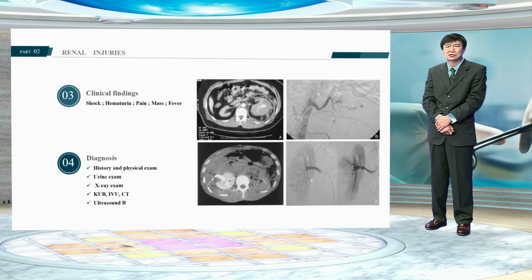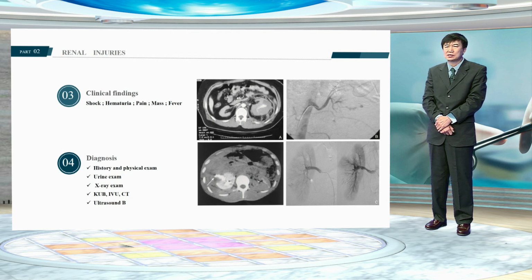Contrast extravasation, parenchymal, and vascular injury can be clearly demonstrated. Excretory urography has been replaced by the CT scan. In selected cases, renal arteriography can be considered an adjunct diagnostic imaging technique with possible therapeutic implications.